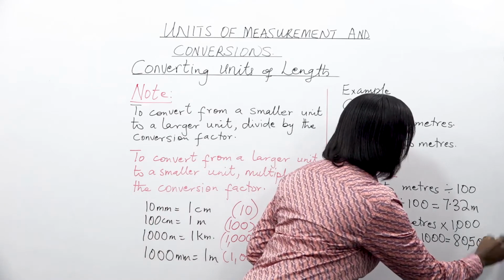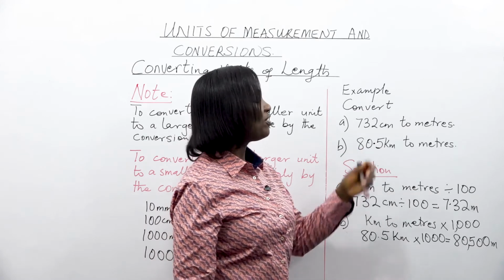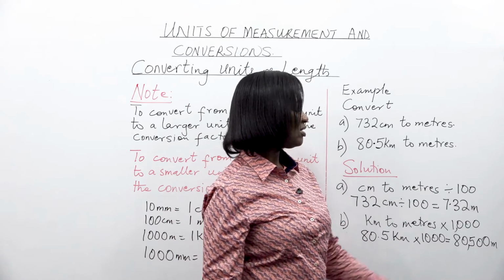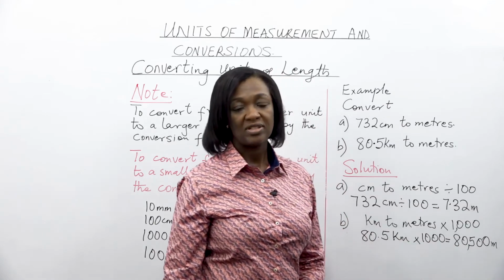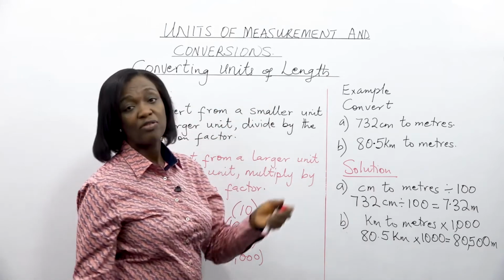And that will be our answer. We've converted 80.5 kilometers to meters, and we get 80,500 meters. We've just done converting units of length.